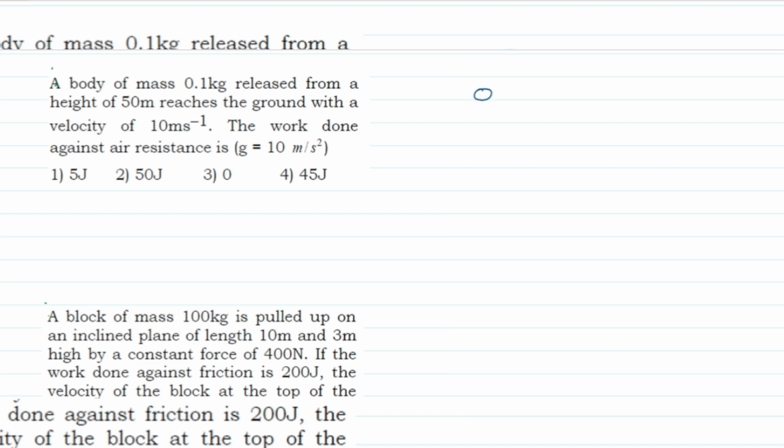Its mass is 0.1 kg, it is released from a height of 50 meters, and it reaches the ground with a velocity of v equal to 10 meter per second. They are asking for the work done against the air resistance. When the body moves down, some air resistance opposes the motion of the body, which is the air friction.